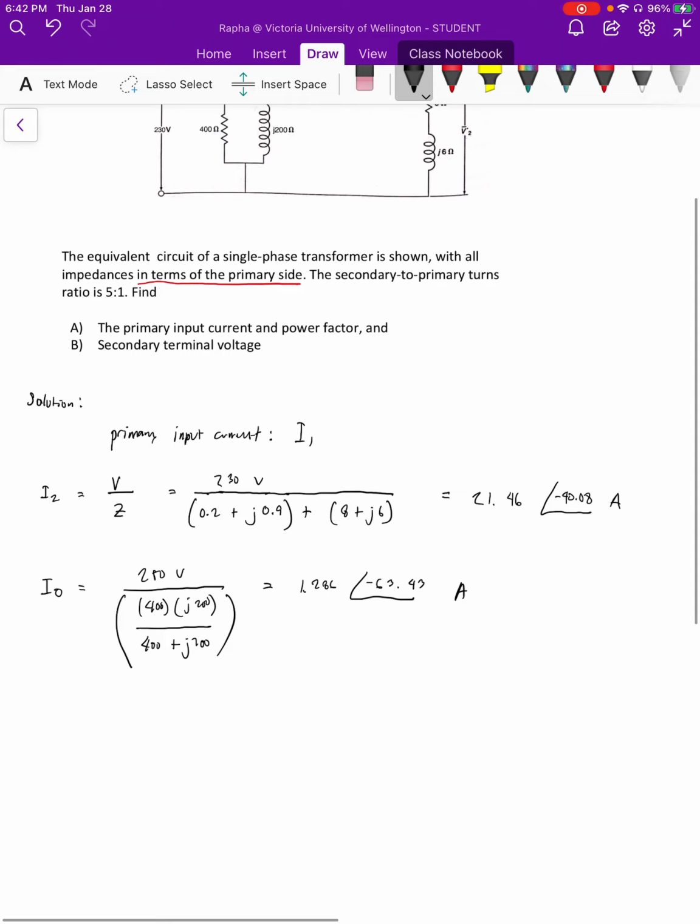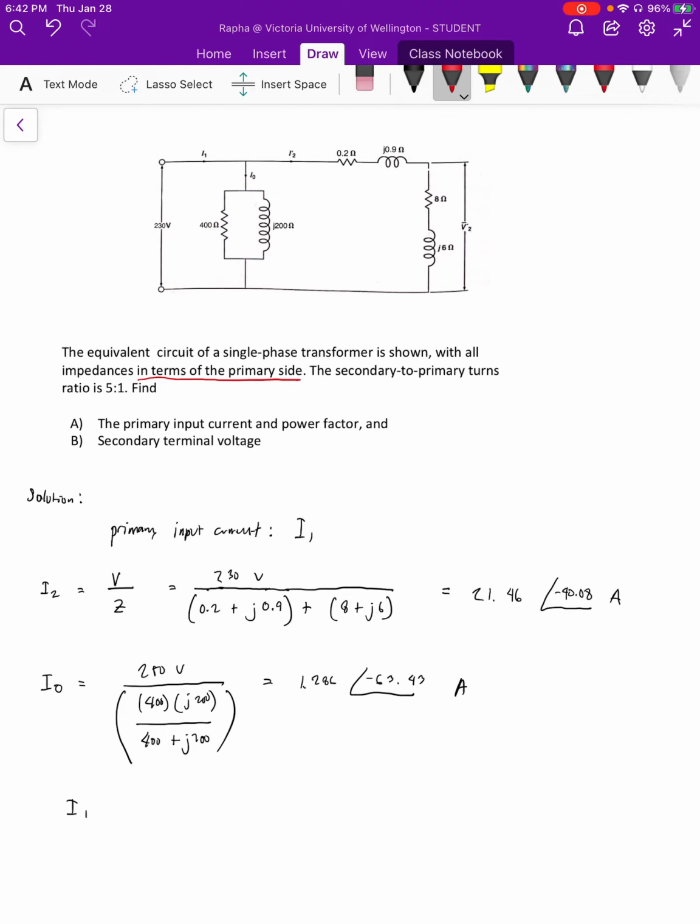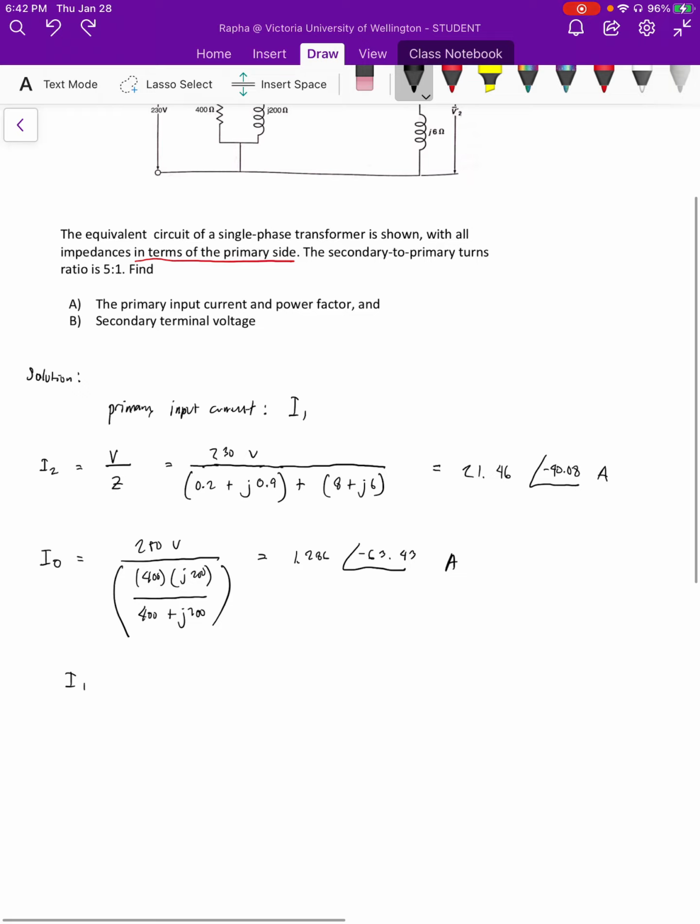Then the primary current, in fact, we can see it clearly from the diagram. The primary current is equal to I sub O plus I sub 2.